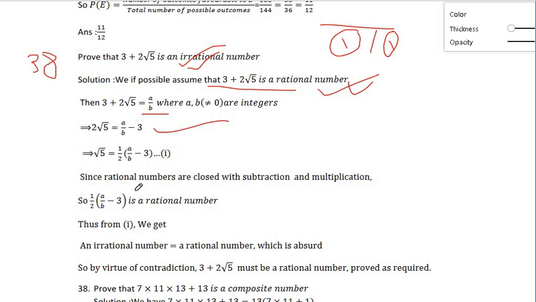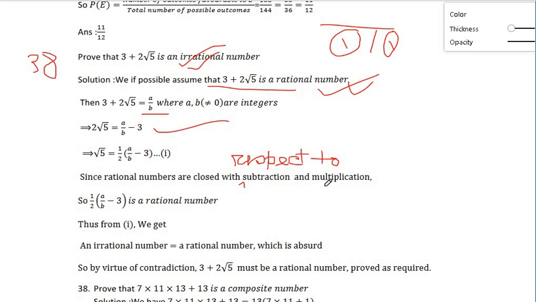Now, rational numbers are closed with respect to subtraction and multiplication. It is also closed with addition and division. Closed means if you subtract two rational numbers, the result is again a rational number.